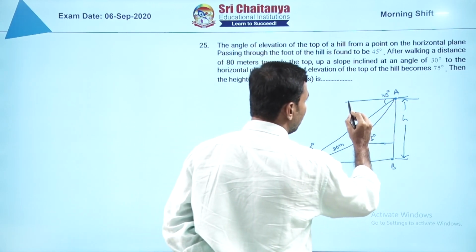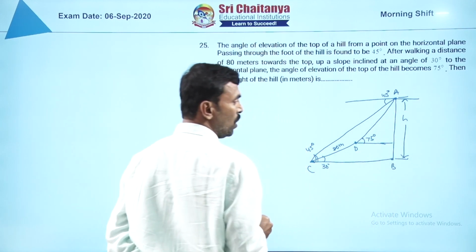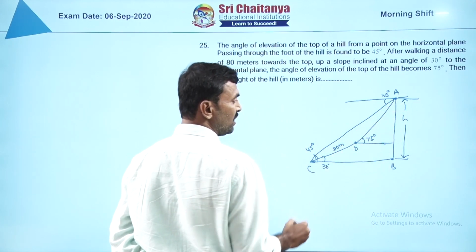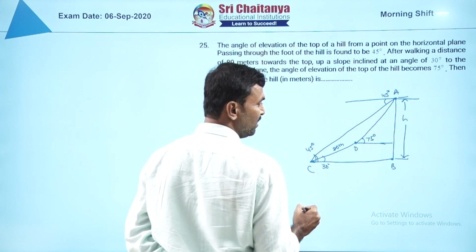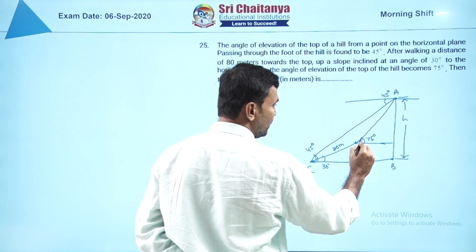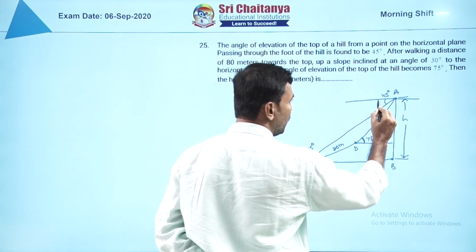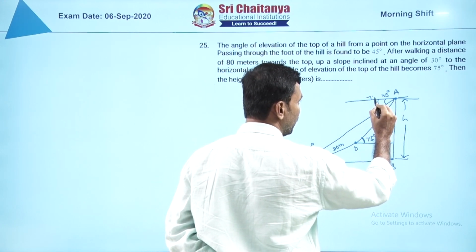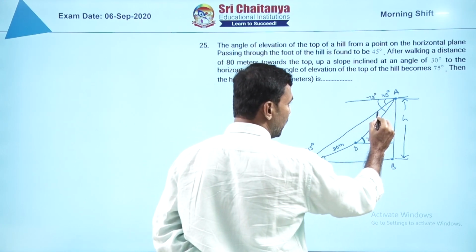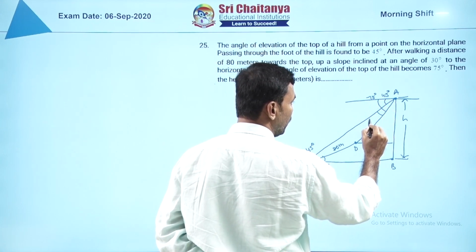Next, these are two horizontal lines and this AD is transversal for these two horizontal lines, by alternate angles equal, because this is 75, therefore, this is also 75 degrees. Therefore, this angle becomes 75 minus 45, 30 degrees.